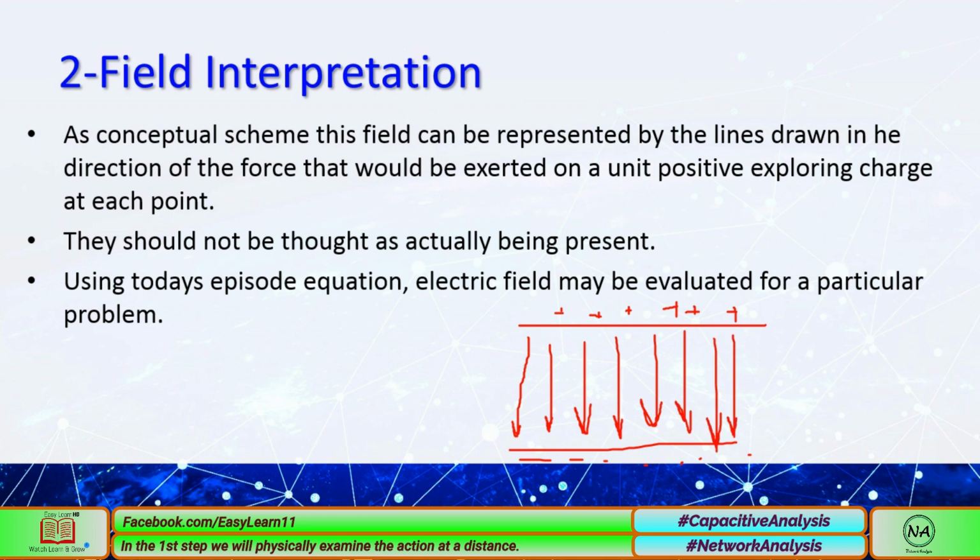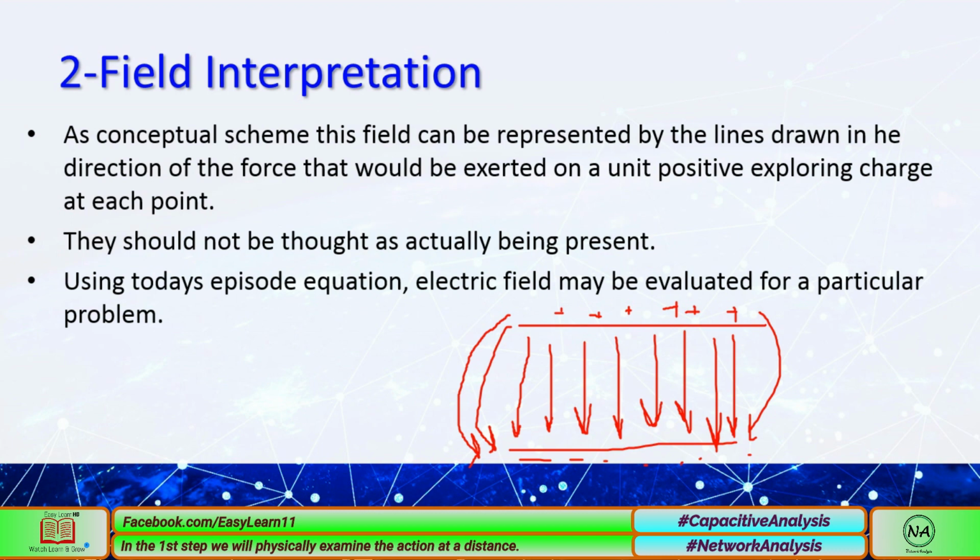Field lines are just used for conceptual schemes. They have no existence actually in the physical world. As a conceptual aid, we are just using these lines to represent the physical phenomenon.